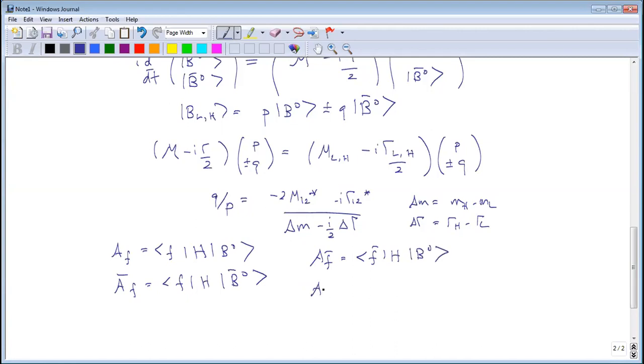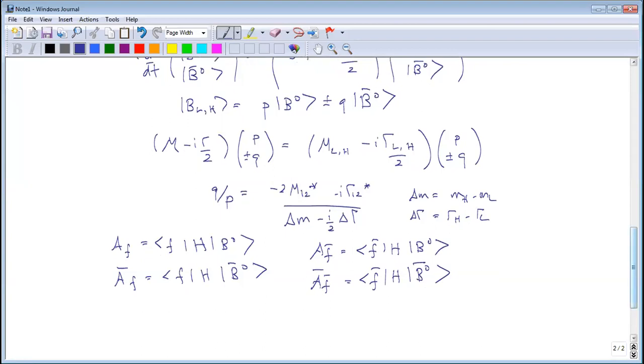And in principle, we could have A bar F bar, which would be the decay of B bar to the F bar. Depending on the situation and the final state, you can have different ones of these possibilities, and you can measure many of these things depending on the process.